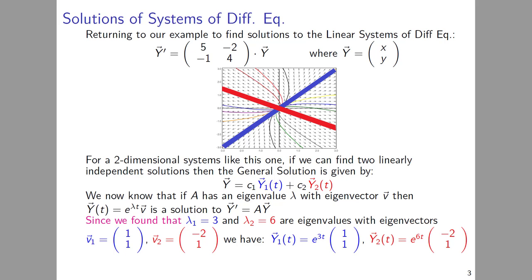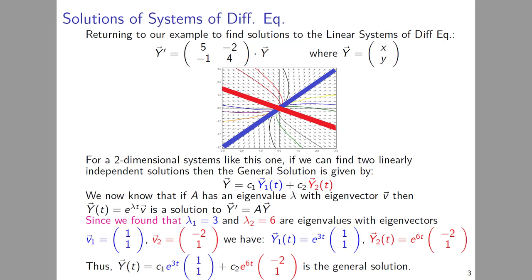And since the eigenvectors are linearly independent, we can conclude that y of t equal to c1 e to the 3t times (1, 1) plus c2 times e to the 6t times (-2, 1) is the general solution of our system. This example will give us a method moving forward to solve many more systems of differential equations.